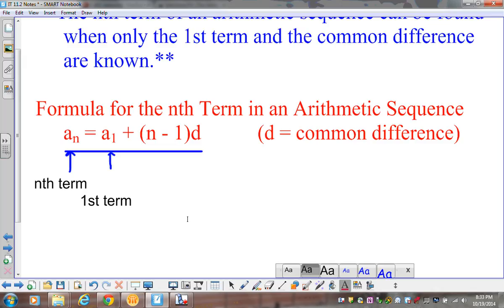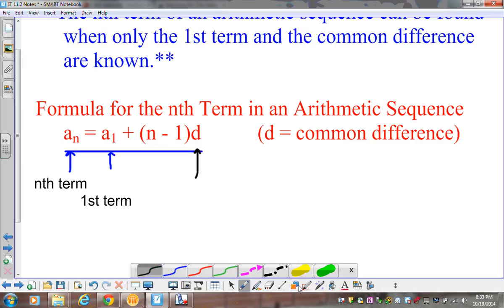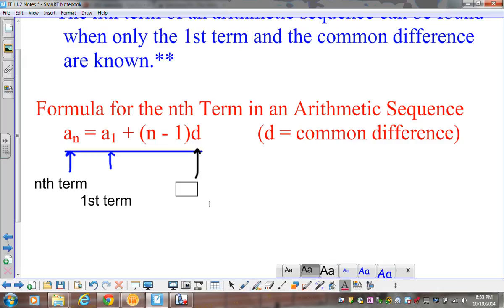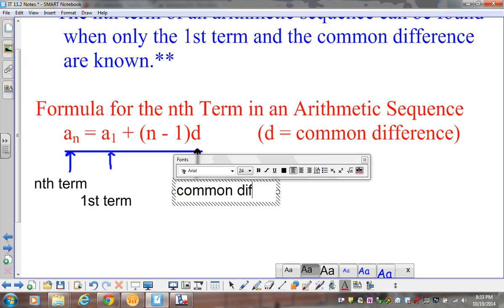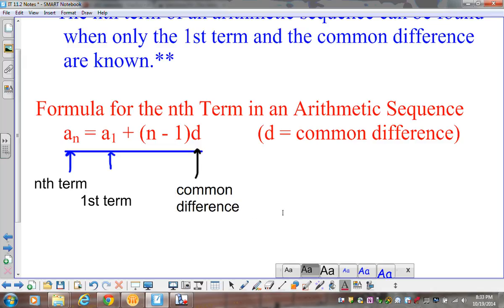This n right here represents whatever term number I'm looking for, and our d there represents the common difference. So we'll write that out as well. That's what each piece means.